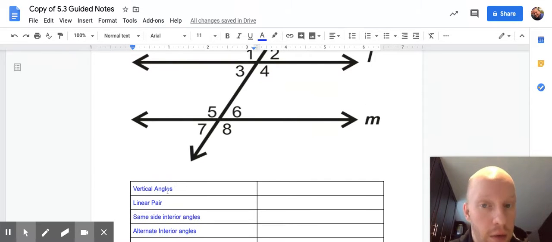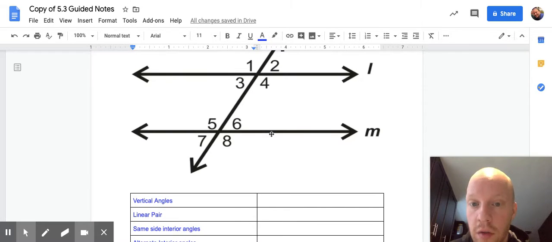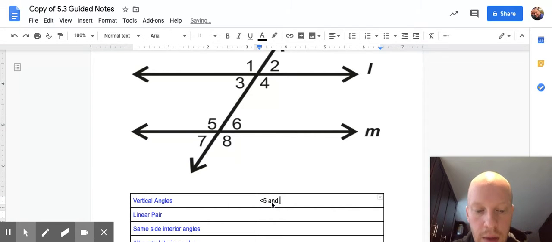So vertical angles. What's a pair of vertical angles here? Well, let's take a look. Just at this bottom one, vertical angles, angle 5 and angle 8. Angle 5 and angle 8 are vertical angles. So you can use angle 5 and angle 8.